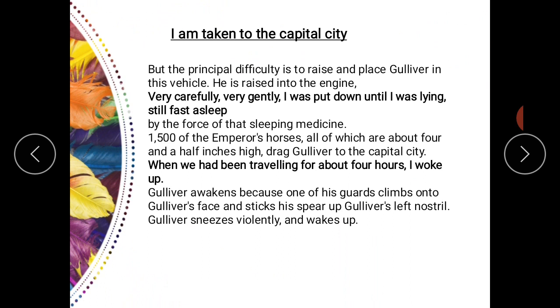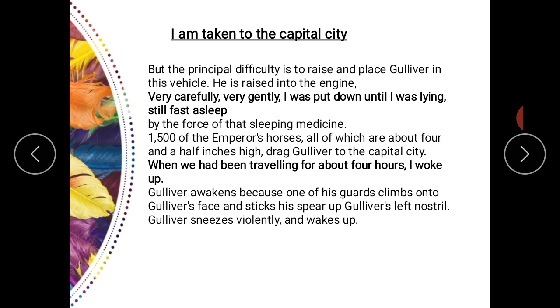Very carefully, very gently, I was put down until I was lying still fast asleep by the force of that sleeping medicine. 1,500 of the emperor's horses, all of which are about 4.5 inches high, dragged Gulliver to the capital city. When we had been traveling for about 4 hours, I woke up.